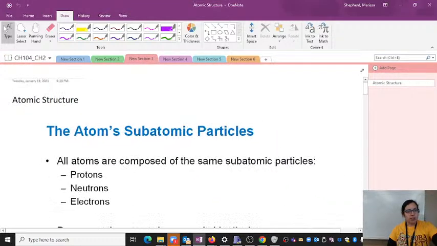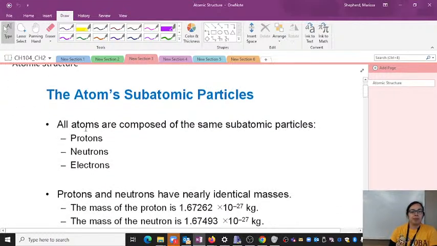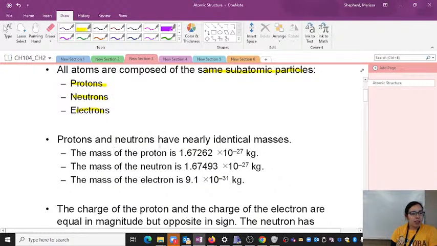All right, so let's look at our atomic structure, looking back at the individual atom. All atoms are composed of the same subatomic particles: protons, neutrons, and electrons. Let's look at what that means. The protons and the neutrons make up basically the mass of your atom.